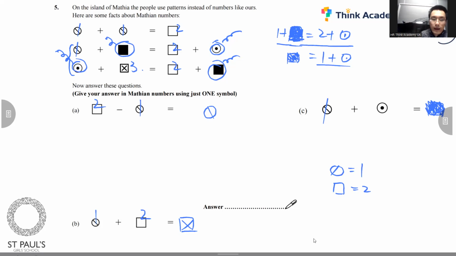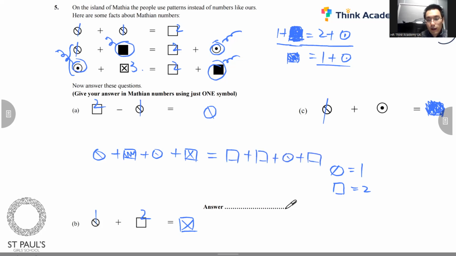Adding them gives forbidden sign plus black square plus dotted circle plus crossed square equals white square plus dotted circle plus black square.